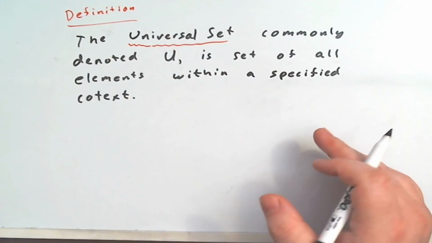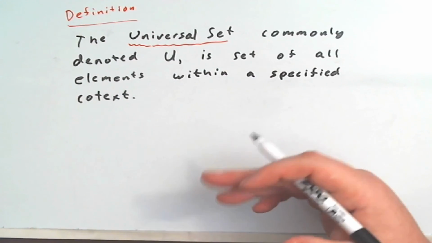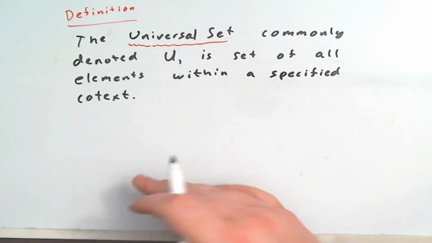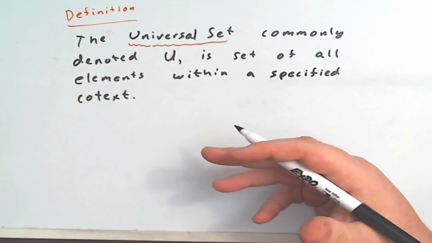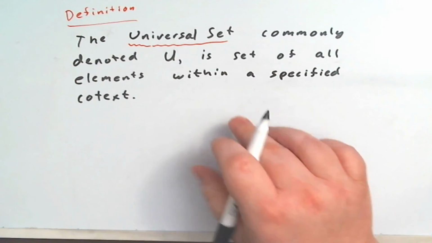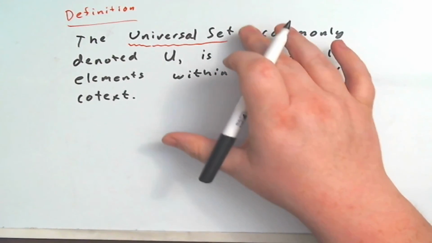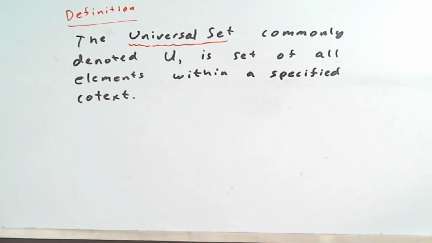But we also wouldn't see negative numbers, right? So the universal set changes. Now, of course, if our universal set is all positive and negative numbers, well, then we might have positive and negative numbers. So it depends on context in order to be definable, okay? So context is incredibly important when we're talking about a universal set. A lot of times we also predefine this in order to establish context.